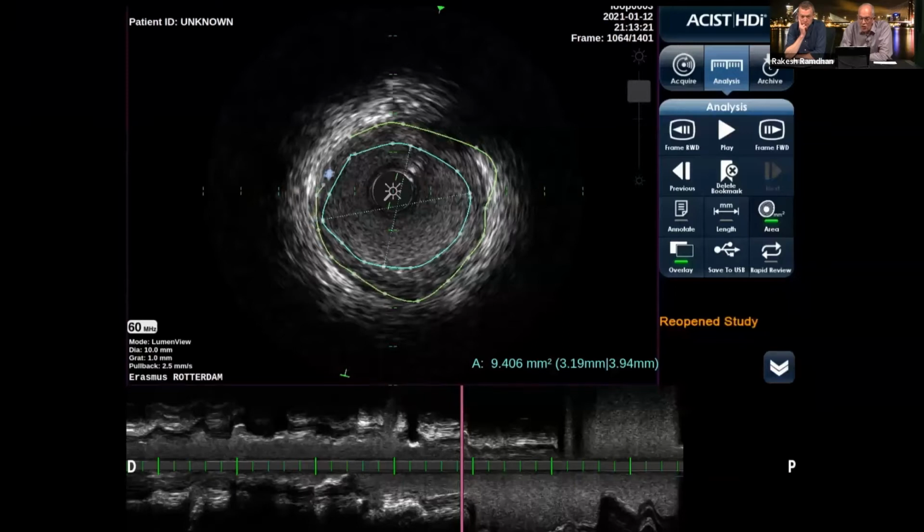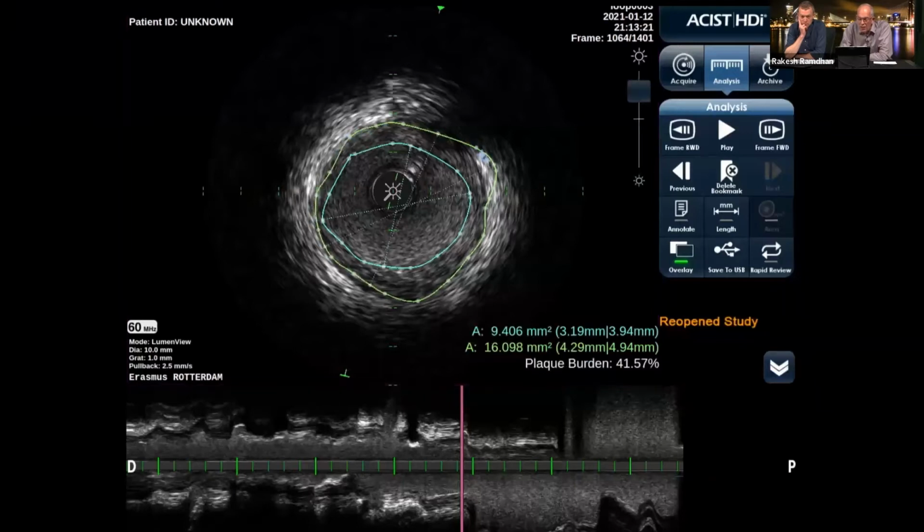By the way, normally I do this with a touch screen, which I like very much. But what you see here, even though I went a little bit outside, is a plaque burden of 40%. So this is a good landing zone.